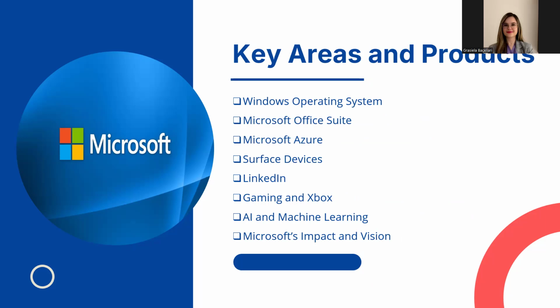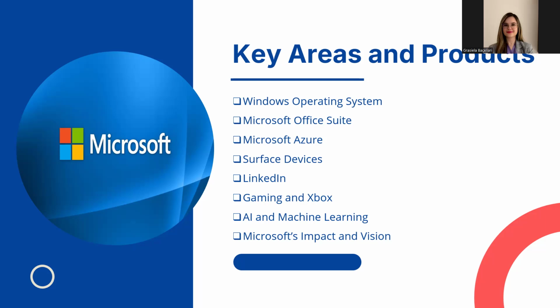Some of the key areas and products are the Windows operating system. It is one of the most widely used operating systems, not only for personal use, but even in business computing, with versions like Windows 10 and Windows 11 providing a user-friendly interface and, of course, some important security features.